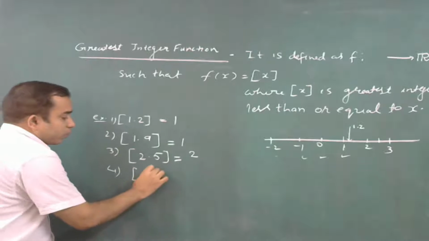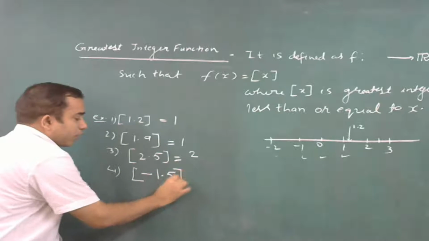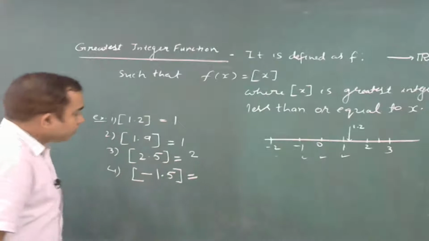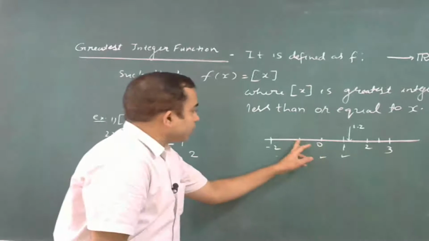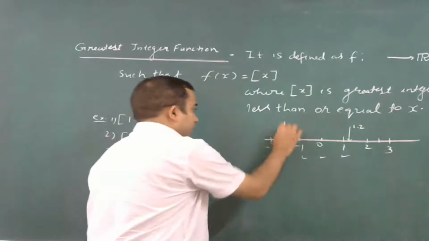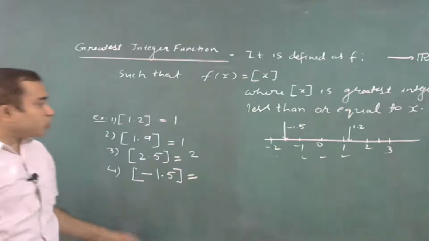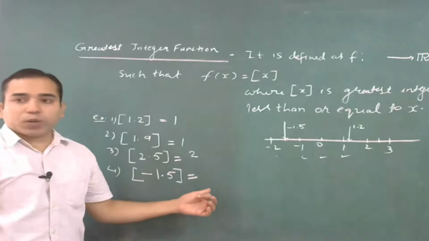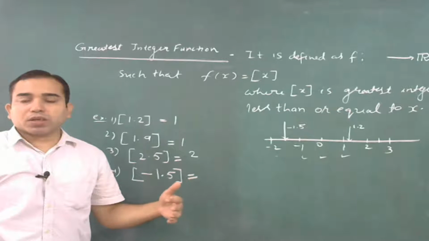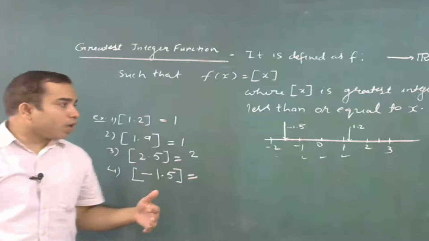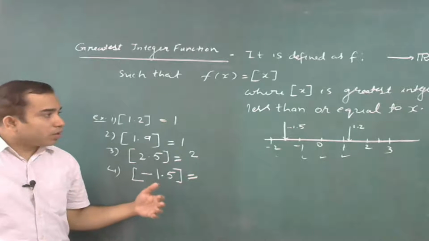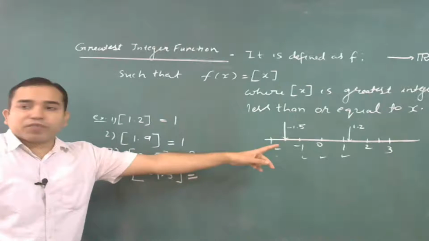Good. Now let us find some more greatest integer values. Suppose I find the greatest integer of minus 1.5. This is minus 1, and minus 1.5 is here. So how much will be the greatest integer value of minus 1.5? Which integer is closest to minus 1.5 from the left side?